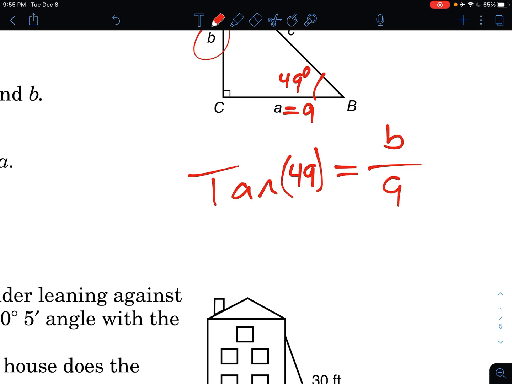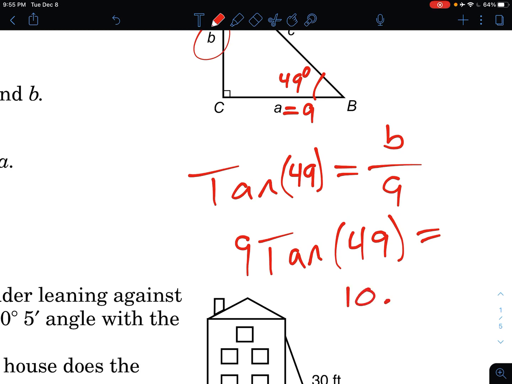Multiply by 9 to get B by itself, so we're going to get 9 tan 49. Type that into your calculator. You should get 10.353 and some other numbers.